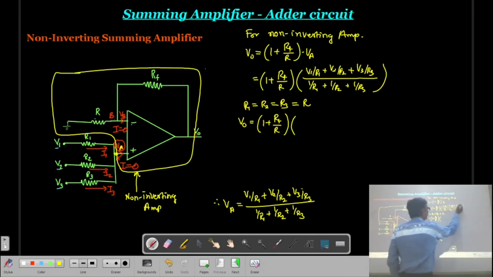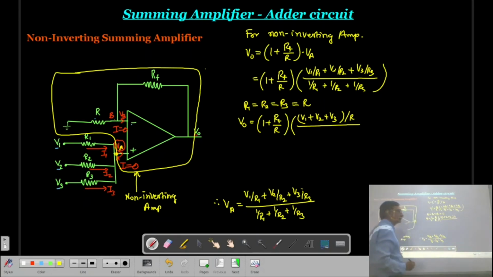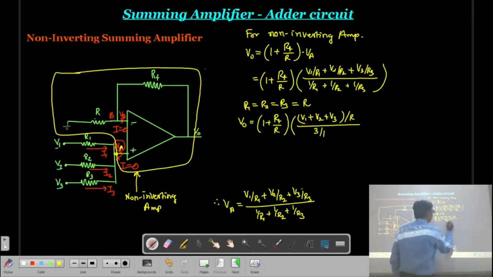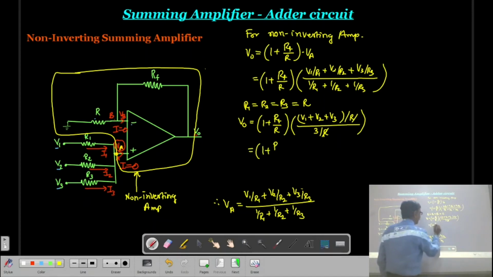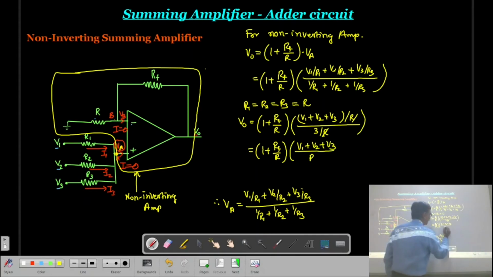So V1 plus V2 plus V3 divided by R, and here if you take 1 upon R plus 1 upon R plus 1 upon R, then this will be 3 by R. So R will be cancelled, and here we have 1 plus Rf by R into V1 plus V2 plus V3 divided by R.